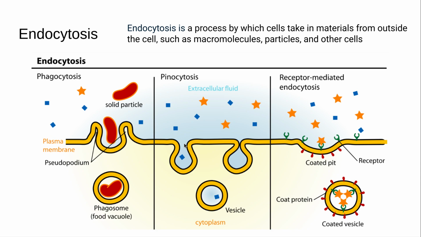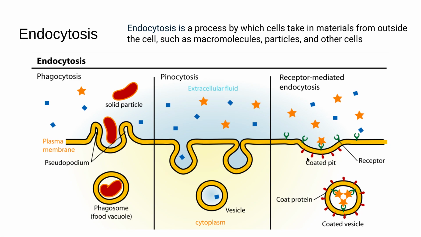Okay, there's also another type where you have receptors. Receptors are proteins that can bind to specific proteins. So you can have receptors on the surface of the plasma membrane, and those receptors bind to the proteins that they are supposed to bind to, and then the whole thing curves inward, and there is a specific kind of protein coat here called clathrin.